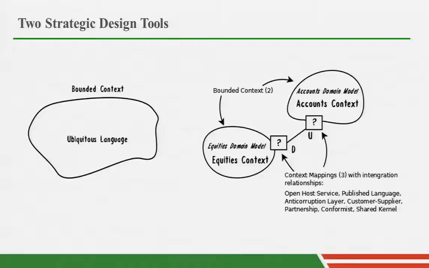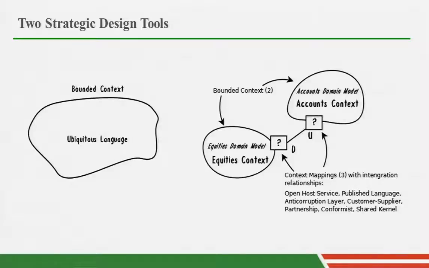So this is really reflecting the idea that we do have multiple models. In fact, potentially several models in a DDD kind of environment. And the relationships that I was talking about down here are listed there: open host service, published language, anti-corruption layer, customer-supplier partnership, conformist, shared kernel.